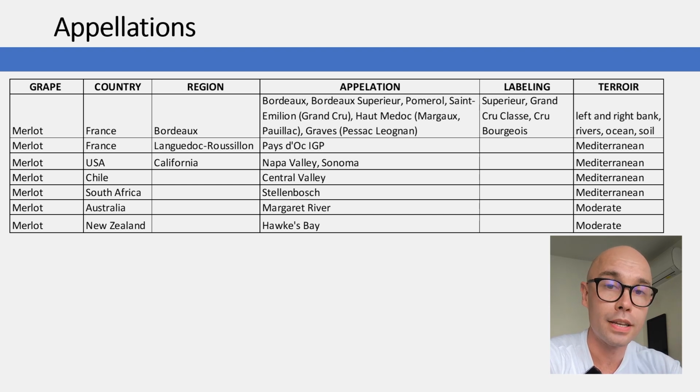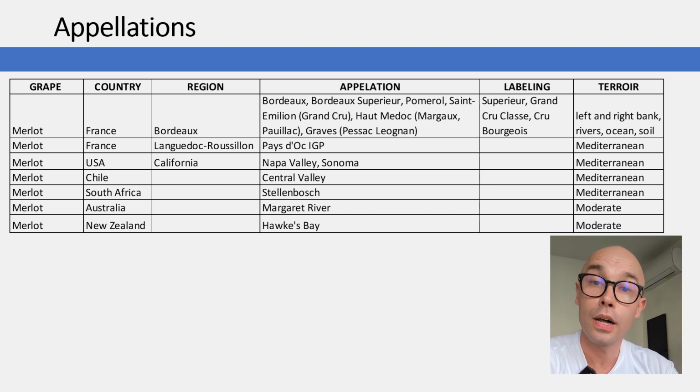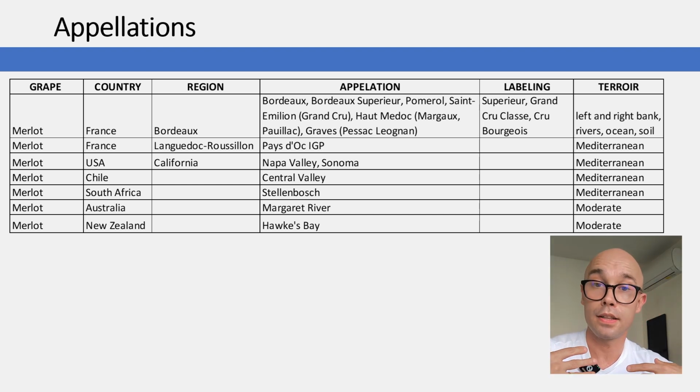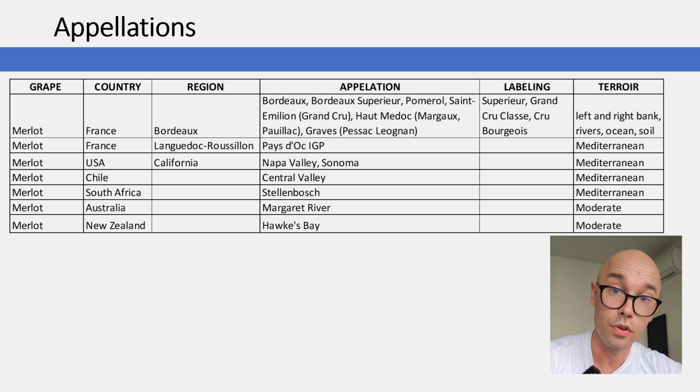So in Bordeaux, the quality hierarchy, like generally in France, is connected with the size of the appellation. Regional appellations, which means that the grapes are coming from anywhere in the region, are usually wines that are more simple, less expensive, and then a more specific, smaller appellation should indicate a higher quality wine and also a more expensive wine.